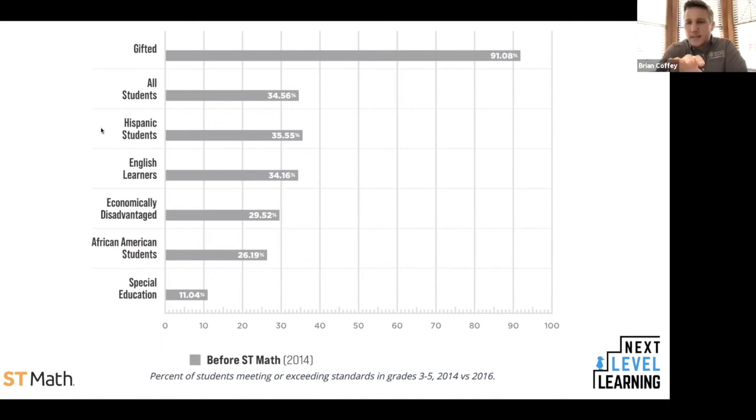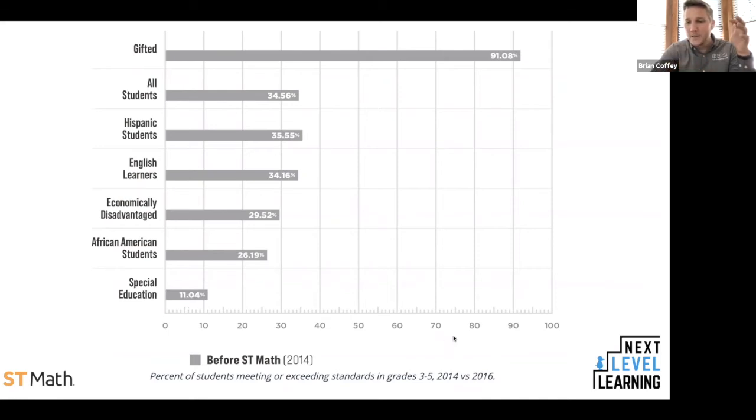And this is before ST Math was ever introduced to these students. This is their state achievement score, right? So not surprisingly, students who were identified gifted on their state math test had a 91% achievement score. Students who were EL learners, achievement score around 94%. And then students on an IEP, about 11% achievement score.